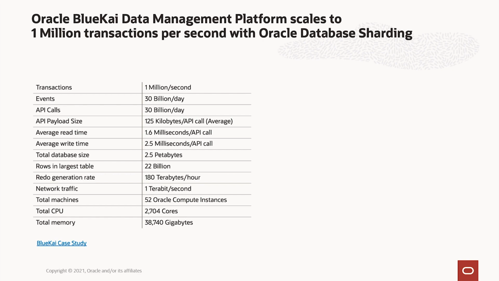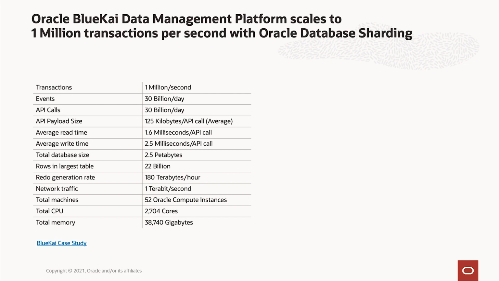So these are big machines, and there are 52 of them, which are spread across multiple availability domains in Oracle Cloud and multiple regions. Now, each of these machines is backed up by standbys.